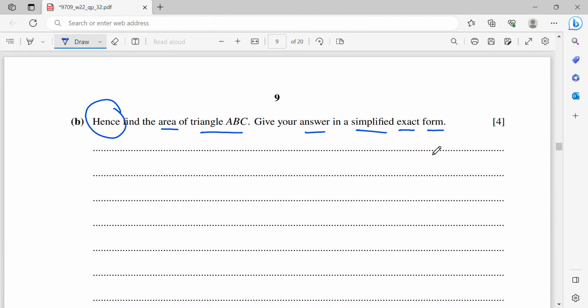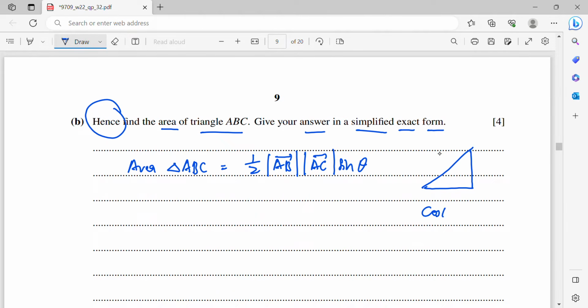So I will write area of triangle ABC equals half modulus AB modulus AC sine theta. Okay, but now you should understand that just now we have found cos theta is 1 over 3 and you need to leave your answer in exact form, which means you shouldn't get the theta from the calculator. Okay, so now use the right angle triangle method.